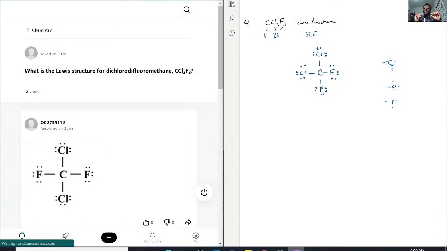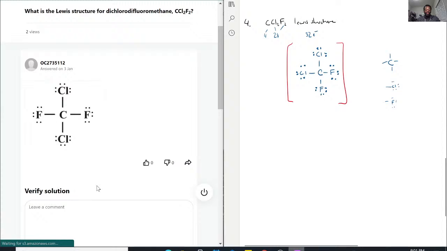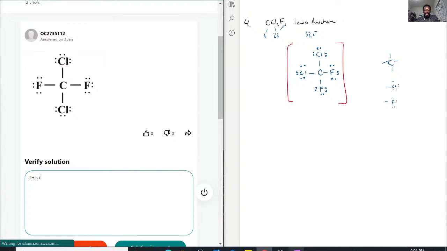Well, there's 3 lone pairs on each outer atom, and times 4 of them, so that's 12 lone pairs, so that's 24 electrons. So with that being said, 24 plus the 8 electrons from the bonds, that is indeed 32. So this is our most stable and proper Lewis structure for dichlorodifluoromethane. So this is indeed correct.